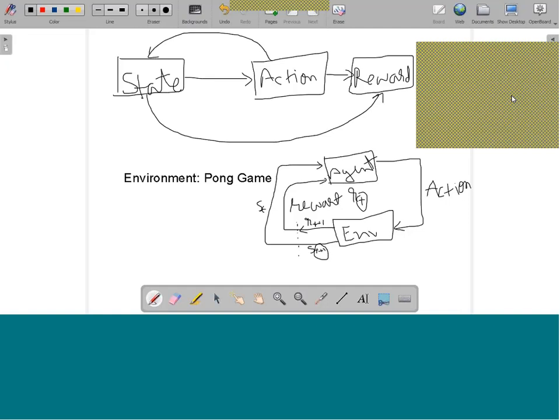So three things you have to write in the reinforcement learning definition. First, what to do. Second, how to map situations to actions. And third, we have to maximize a numerical reward.